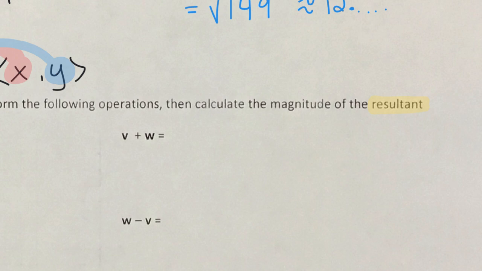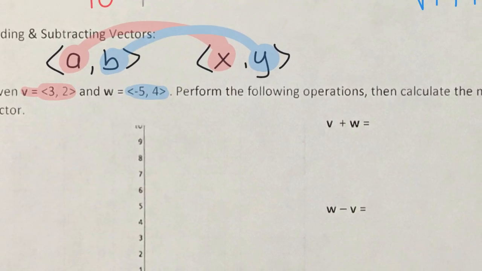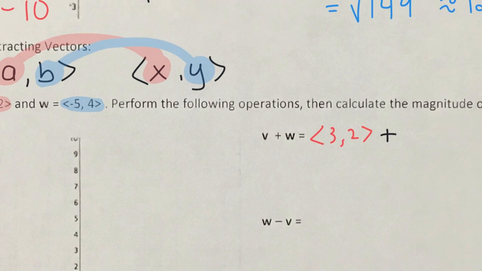So v plus w. v is <3, 2> plus w, which is <-5, 4>.